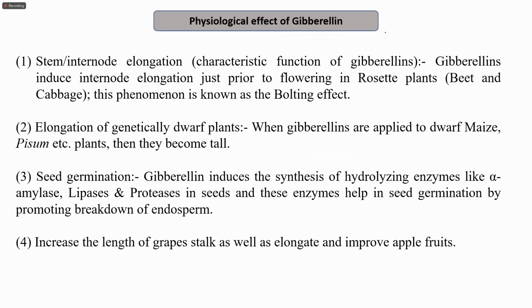So what are the physiological effects of gibberellin? First, a very important characteristic function on the basis of which it was identified was stem or internode elongation. Internode is the distance between two nodes, the node from where the leaf arises.